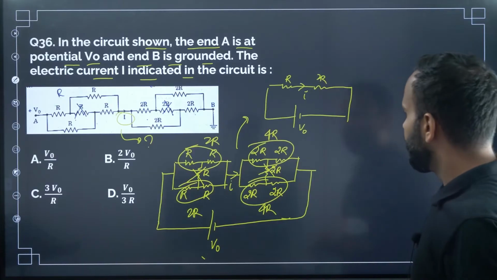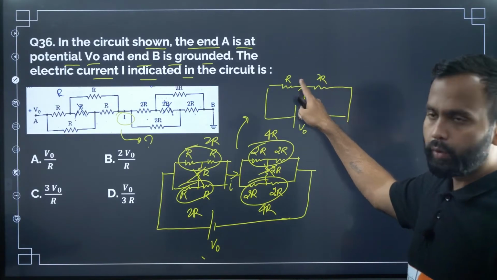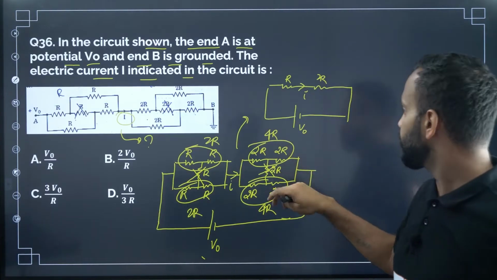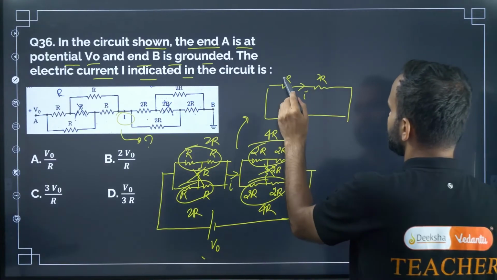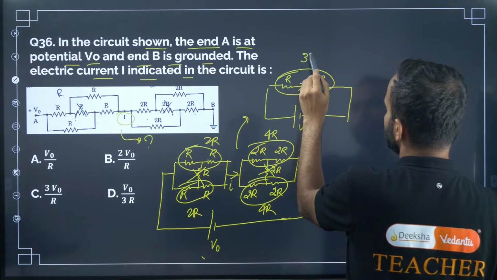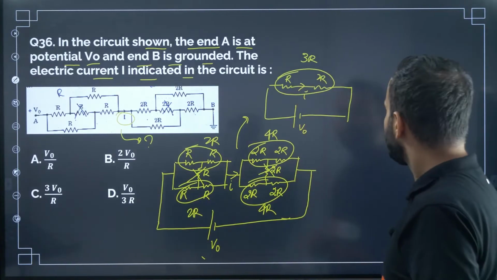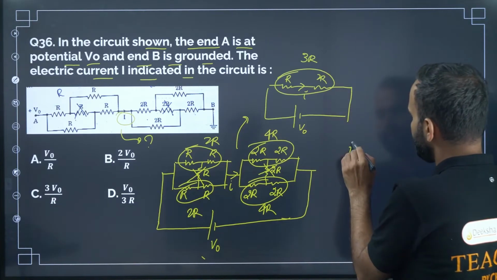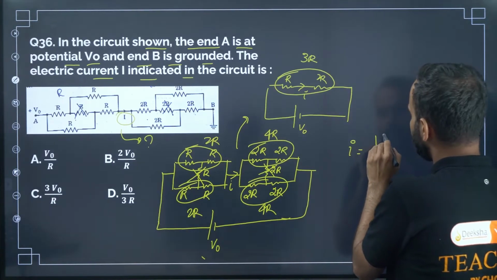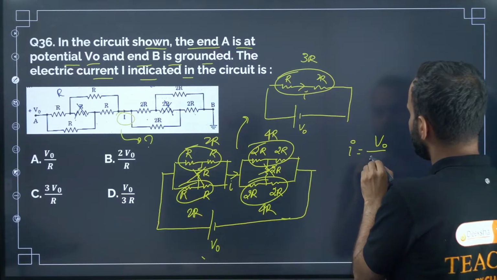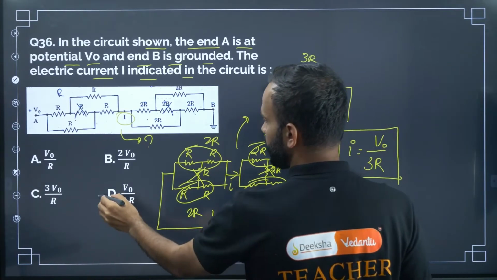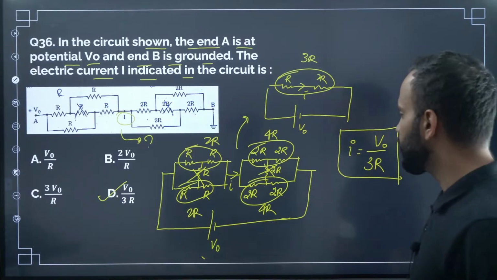Now these two are in series, right? In series, current does not change. So now what is the equivalent resistance? Equivalent resistance will be 3R, right? So now what is the current flowing in the circuit? The current I equal to V naught divided by 3R. That's it. So the correct option is D, V naught divided by 3R.